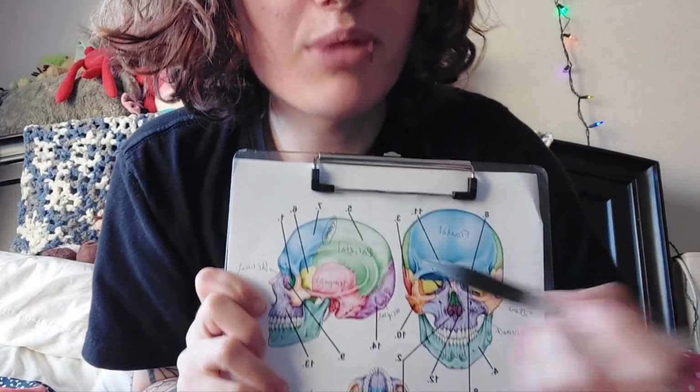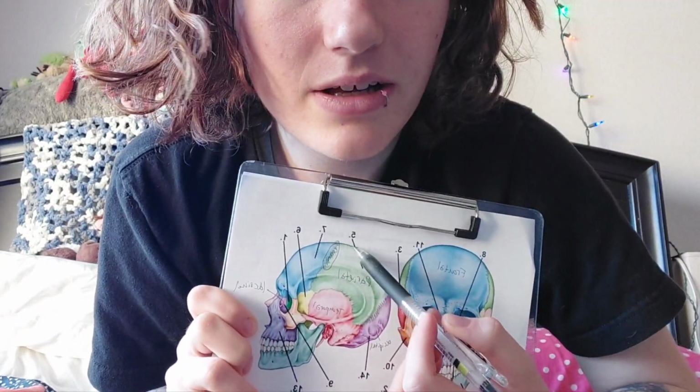Yep, so that's where we're seeing the frontal bone, and it goes between the parietal bones and then to the occipital bone. Right along here there's a suture, and that is called the sagittal suture.